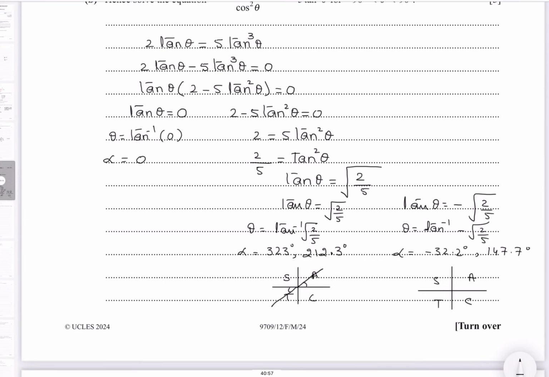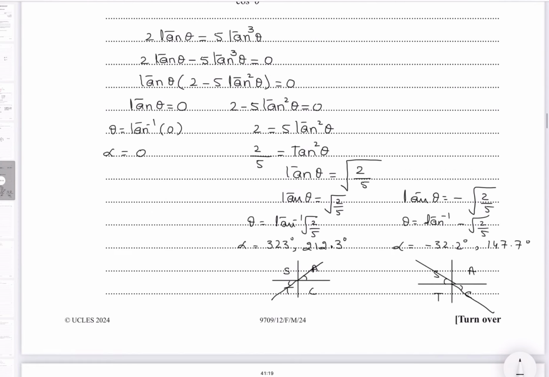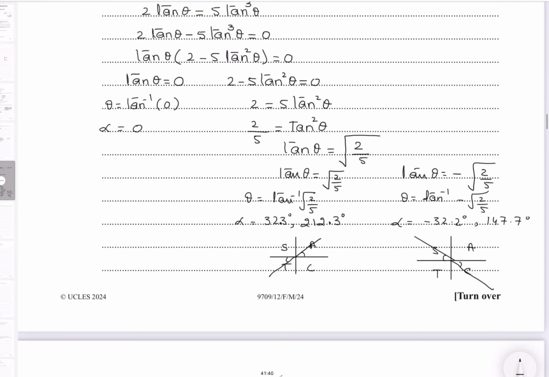So in ASTC, negative tan is in the second and fourth quadrant. So we will pick, because our range is from 90 to minus 90, in this range we have only three angles: 0, 32.3 and minus 32.3.